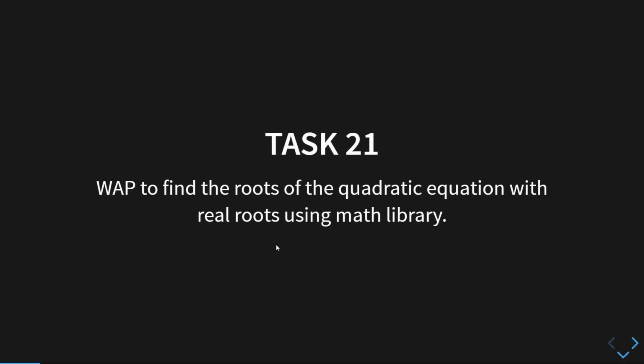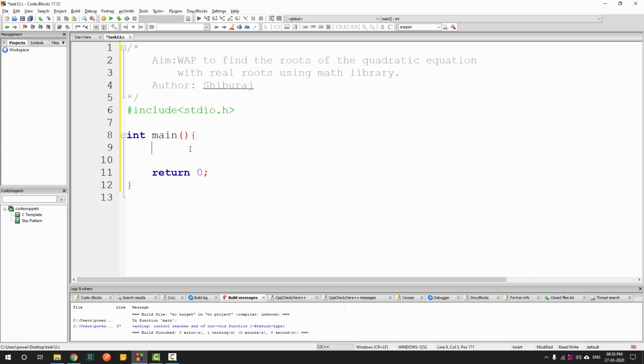So the first task of this week is basically to find the roots of the quadratic equation with the help of the math library. Now in this program, the user will be entering the coefficients of a quadratic equation, right?